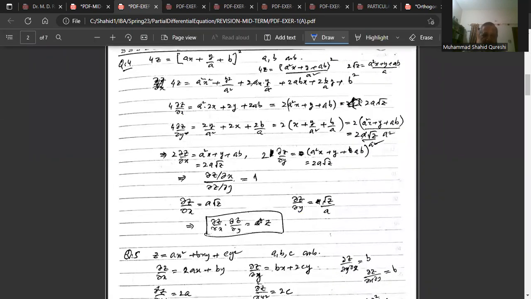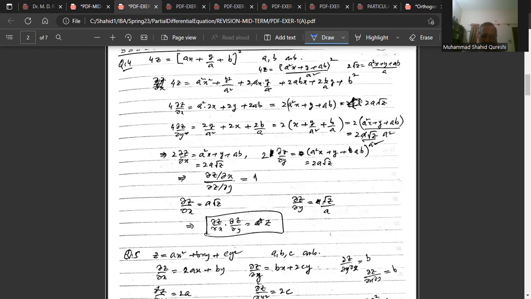So here is a bit of a tricky situation where we are given an equation in the form 4z is equal to (ax plus y upon a plus b) whole square. The arbitrary constants are a and b. Now this can be simplified into a different form by opening this whole square, (a plus b plus c) whole square, or before that you could take the LCM, so a squared becomes separate, and open the square on top, whatever.